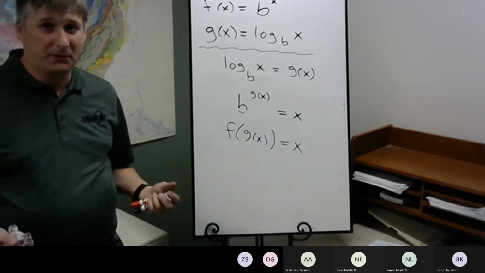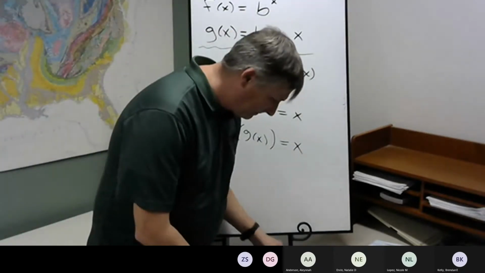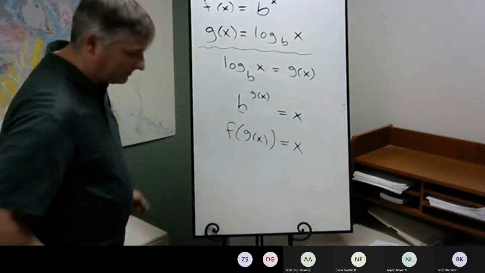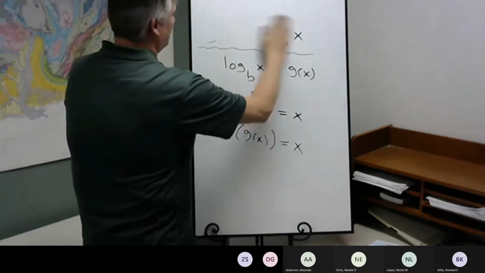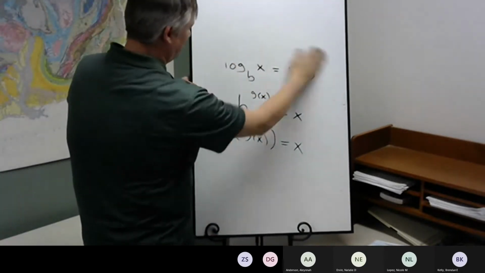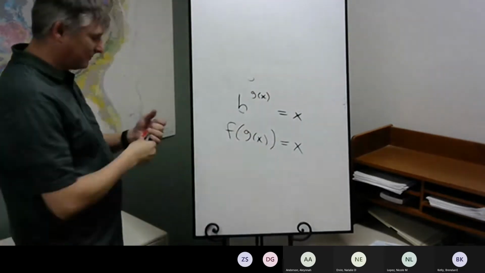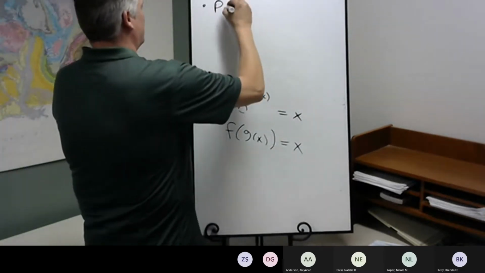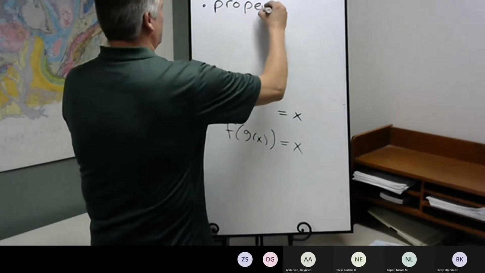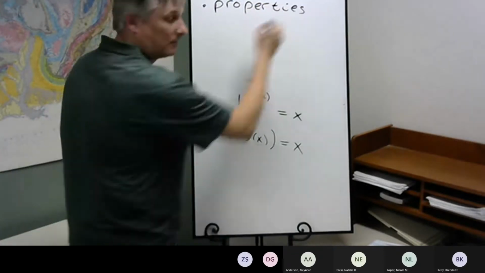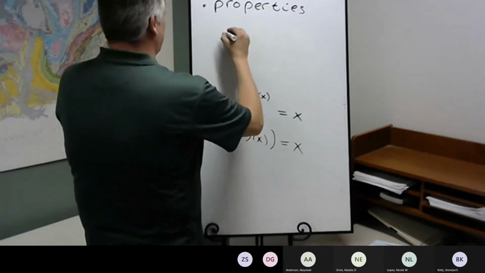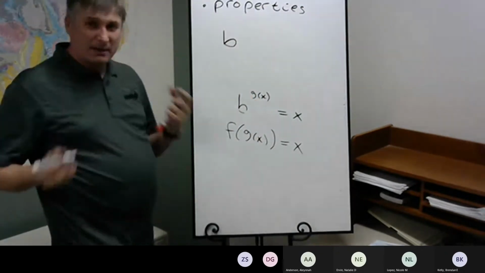So what are the consequences? Well, what this means, b, we had b to the x.